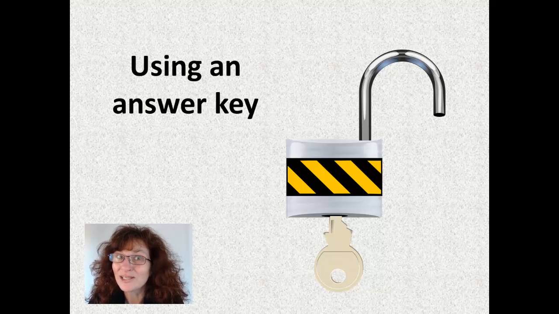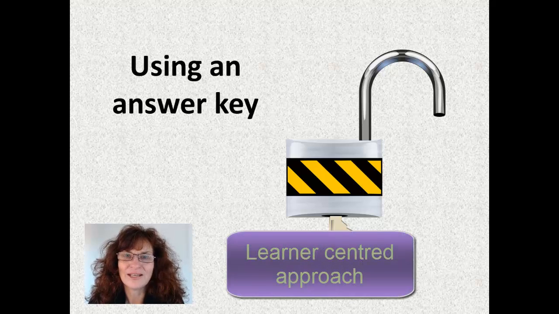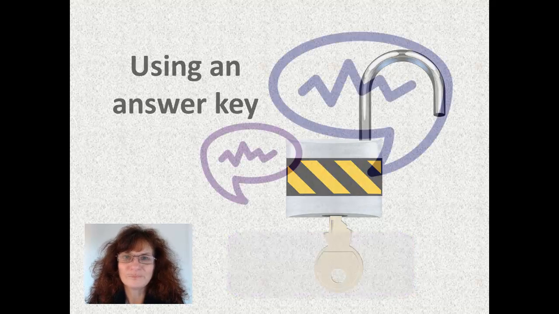Give them one key between two, so that they have to check together. And again, more opportunities for speaking, more opportunities for discussion of why the answers were right. So this can be a really very good way of giving feedback or allowing feedback to happen in a very learner-centred way.